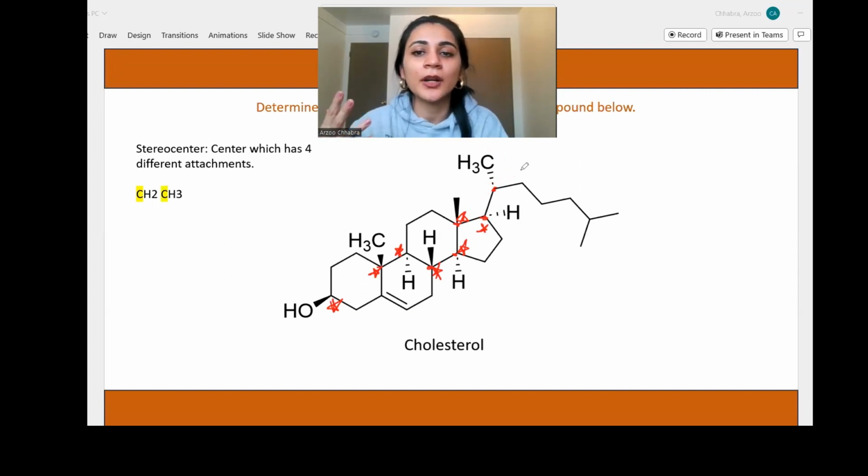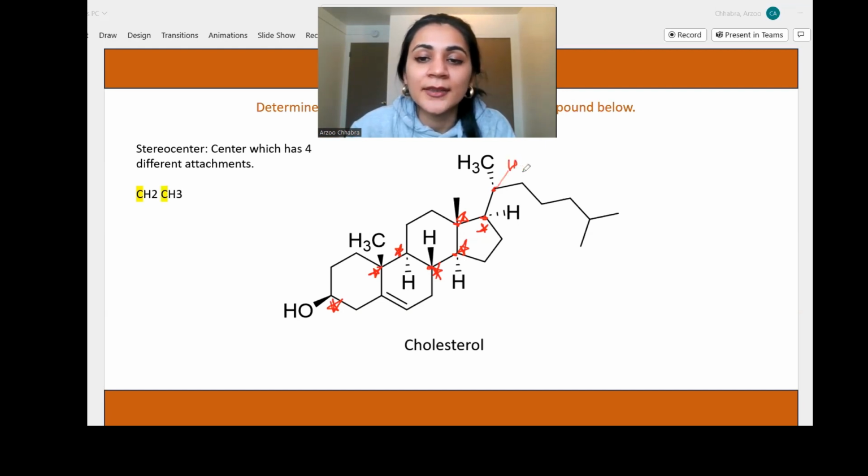So we kind of have to know that the invisible one is the H right over here. So that fourth attachment is also a different one, and that would make it a stereocenter. This is a CH2, not a stereocenter, not a stereocenter, not a stereocenter.